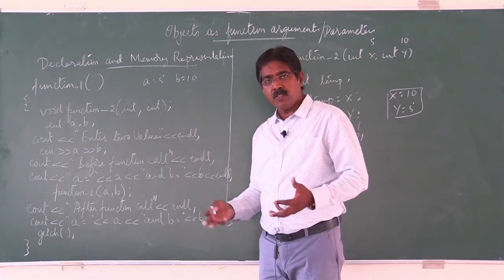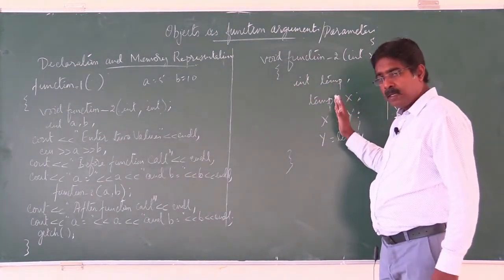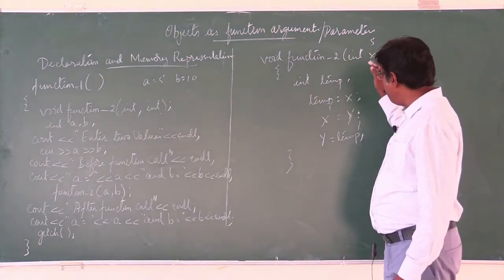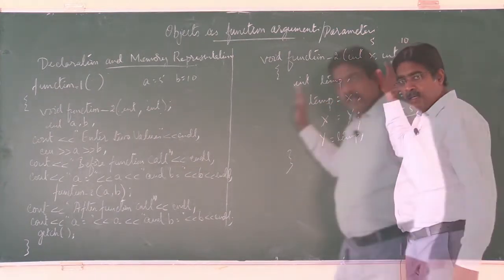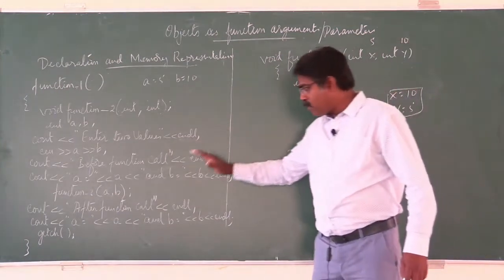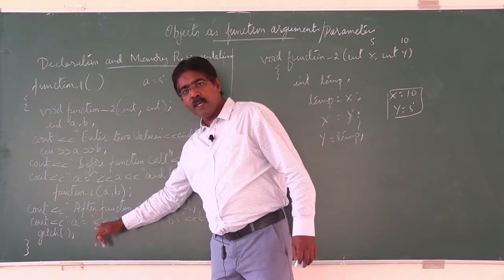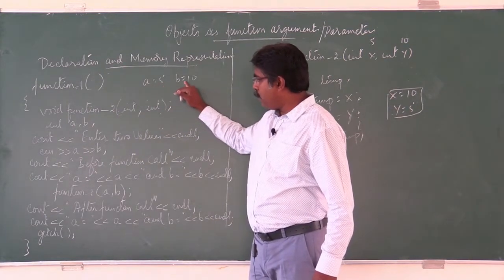There is no exchange, because when you made a function call, these variables, the formal arguments, which are X and Y, cannot change the actual arguments. The given value of A was 5 and B was 10.